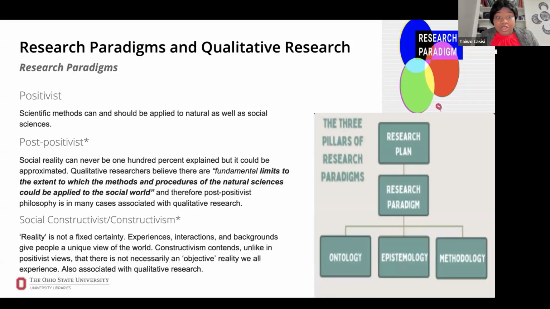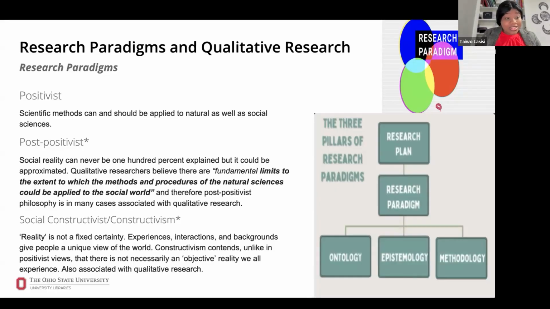We have different things happening, different cultures, different ideologies, different experiences, and natural science alone cannot fully explain the social world. There are fundamental limits to how far natural science can go. So here are the post-positivists, right in the middle.